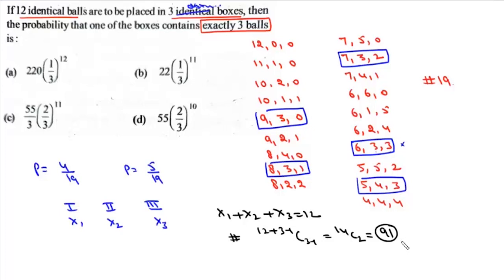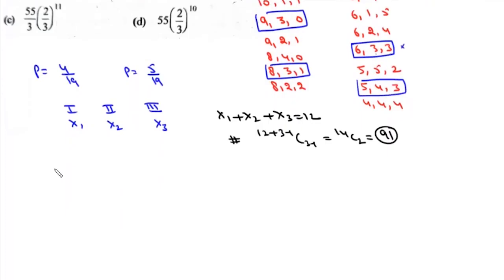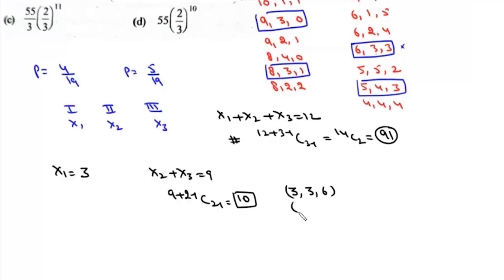Now we have to find the favorable cases in which one of the boxes contains exactly 3 balls. Suppose x1 is 3. Now if x1 is 3, then we get x2 plus x3 equals 9. The number of solutions to this is 9 plus 2 minus 1 C 2 minus 1, which is simply 10. Now in these 10 cases, we have one case where it will be 3, 3 and 6, and one case where it will be 3, 6 and 3.